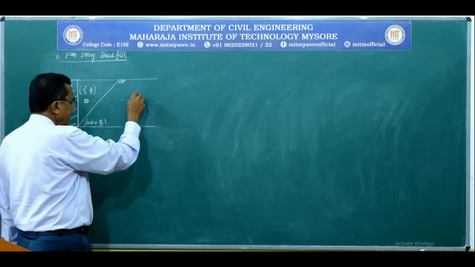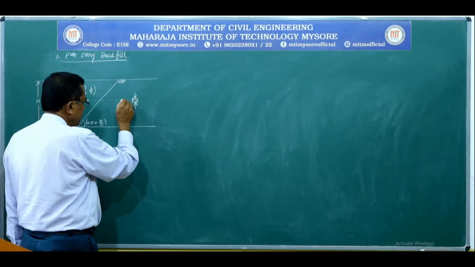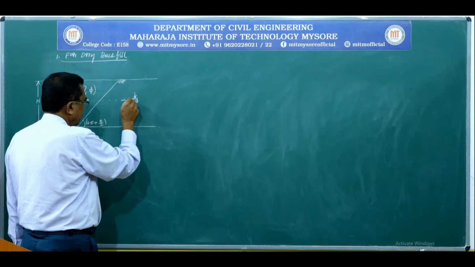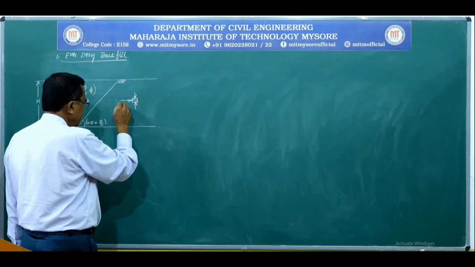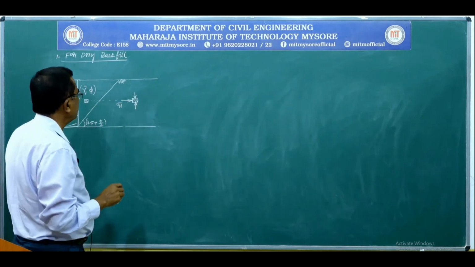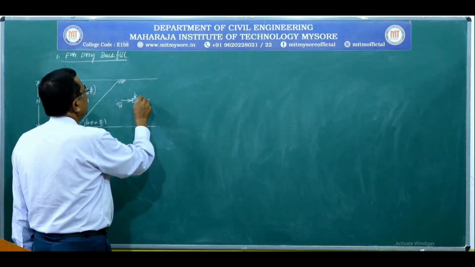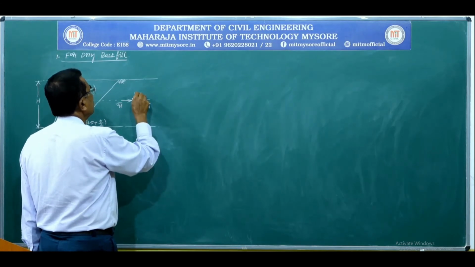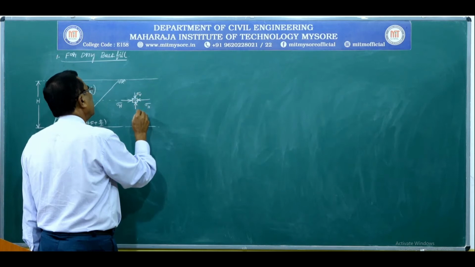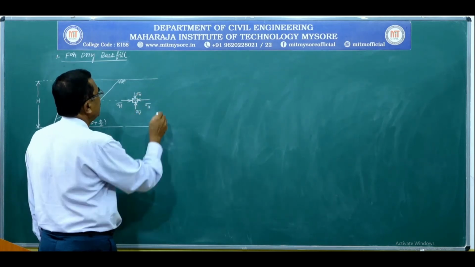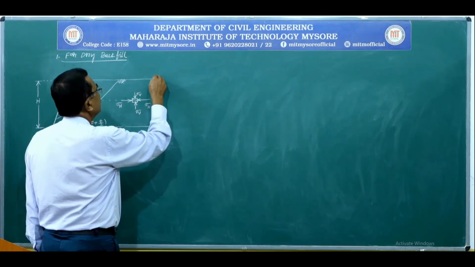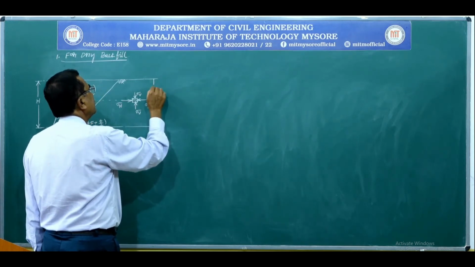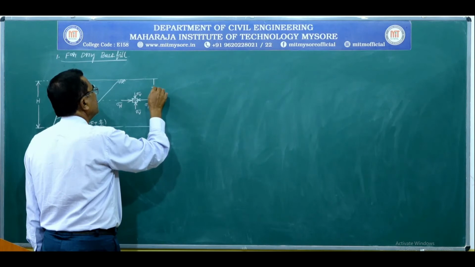When the plastic state of equilibrium condition is established, the horizontal stress component becomes the minor principal stress, and the vertical stress component becomes the major principal stress, sigma h and sigma v respectively. Let this element be at a depth of z from the surface.